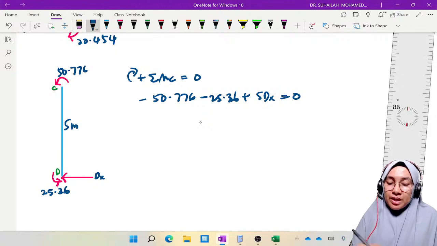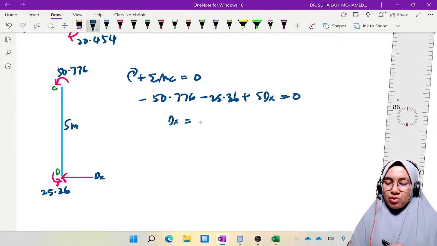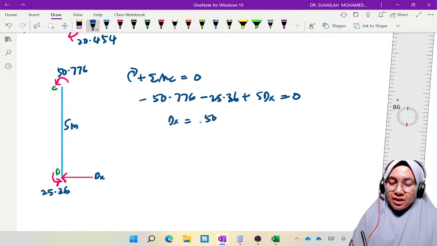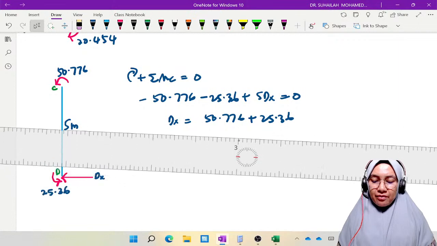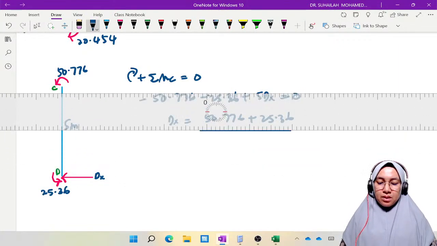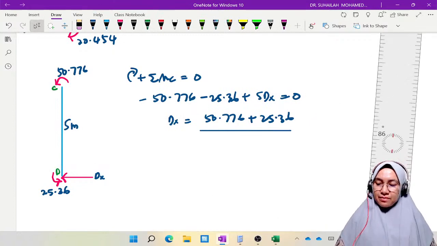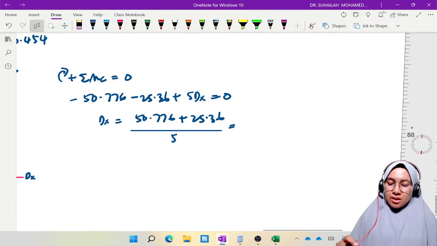So dx is equivalent to 50.776 plus 25.36 divided by 5.